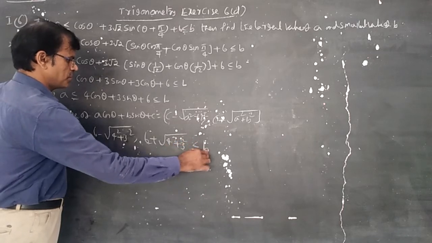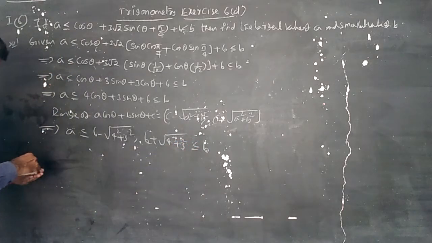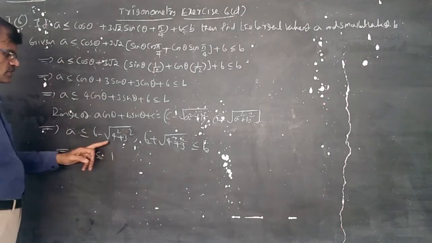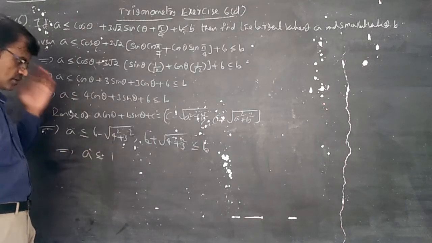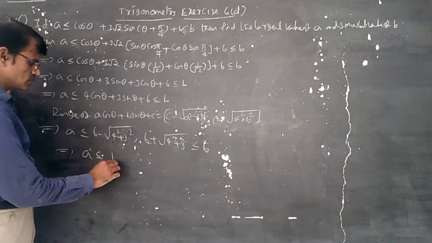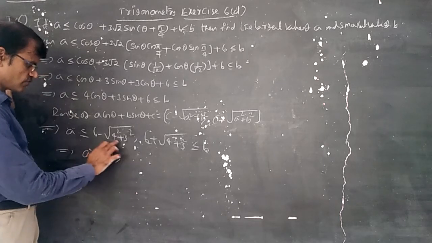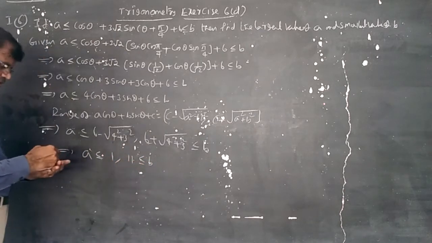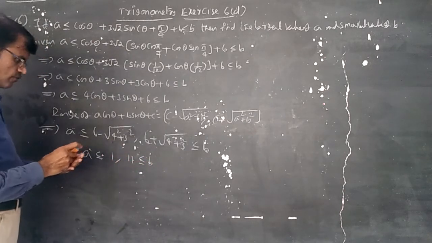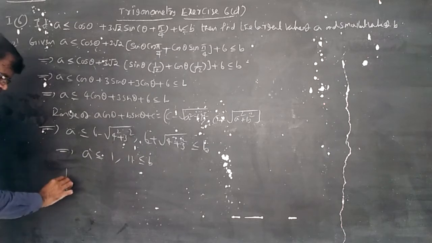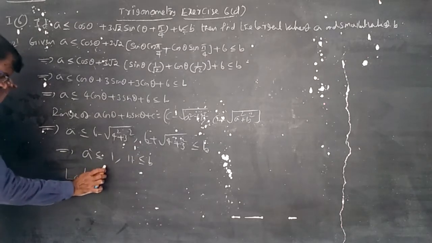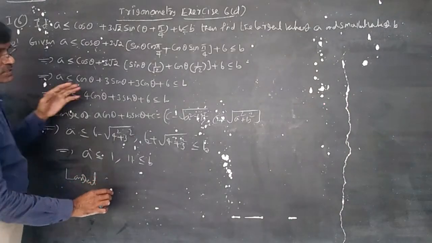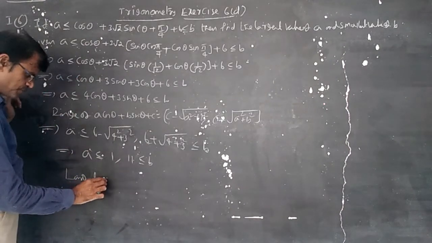That implies a is less than or equal to 6 minus root of 16 plus 9, which is root 25, which is 5. 6 minus 5 becomes 1, and here 11 is less than or equal to b. Therefore the largest value of a, the question is asking largest, means a's maximum value.